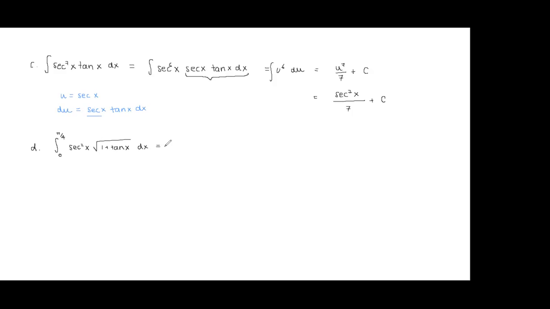You can try to solve this one. Again, I'll give you 2 minutes. What we're practicing is how to identify the technique that we need to use for each trig function. 2 minutes for this one.